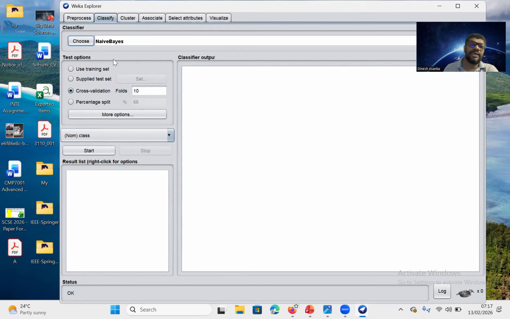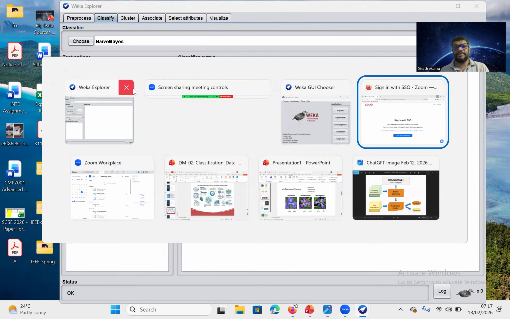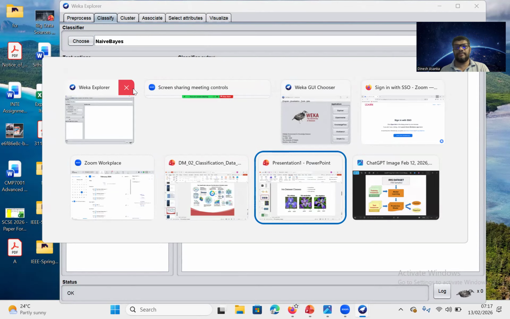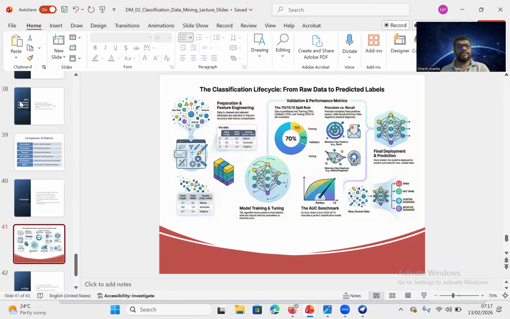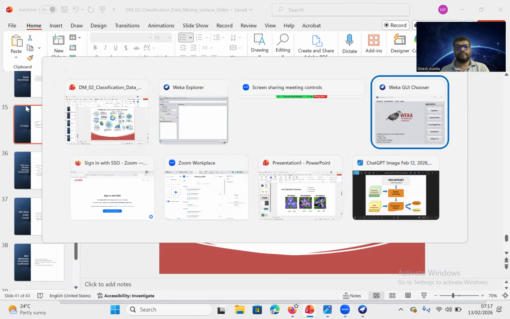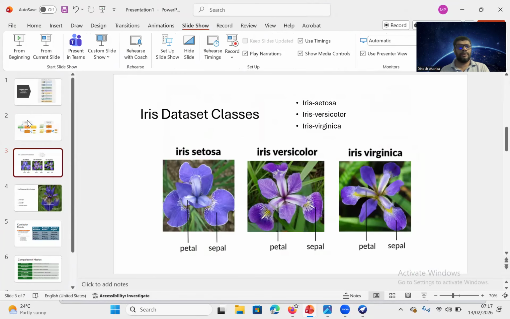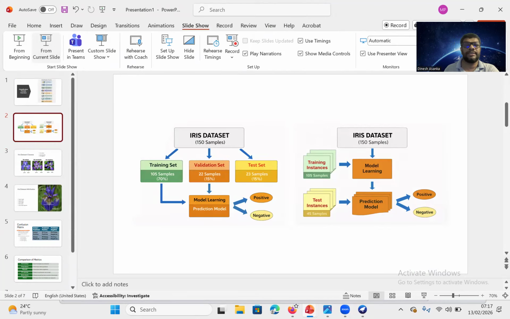So now you can see there are four options. There are four options for us to select the test mechanism. So before we move into that, let's go back and see the testing process.